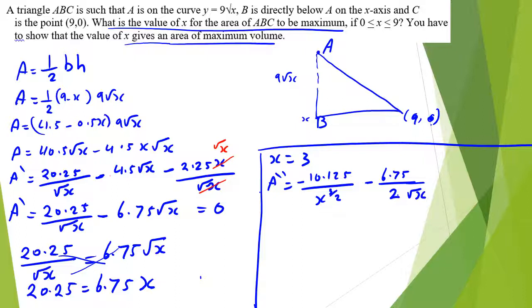And then if you substitute the 3 in this equation, you will end up with negative 3.9, which is less than 0. So x equal to 3 is a max. And that's what's required. So find the values of x, max, and you proved it.